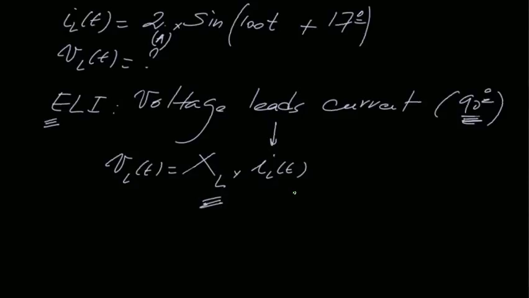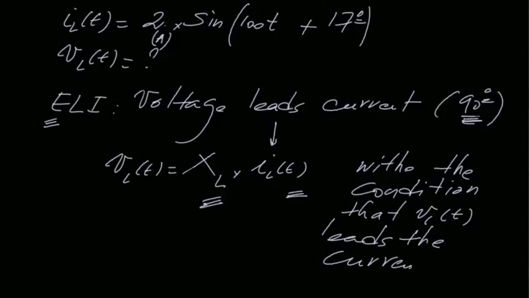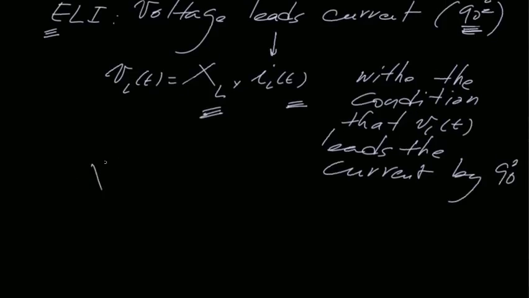So VL is XL times IL with the condition that VL of t leads the current by 90 degrees. All right, so what is XL?